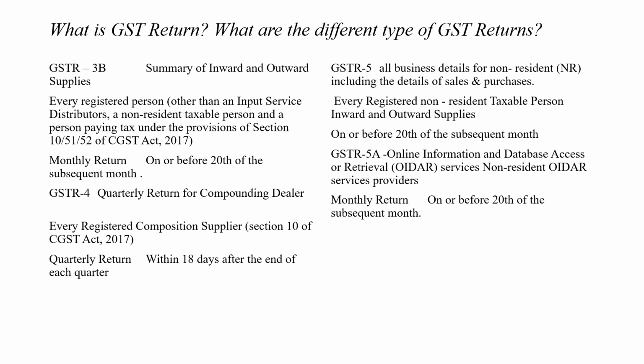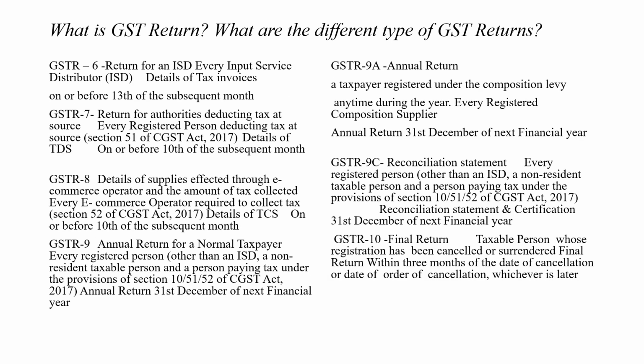Interesting? Yes, sir. Now come to GSTR 6. Return for an ISD. Every input service distributor. Details of tax invoices on or before the 13th of the subsequent month must be filed.